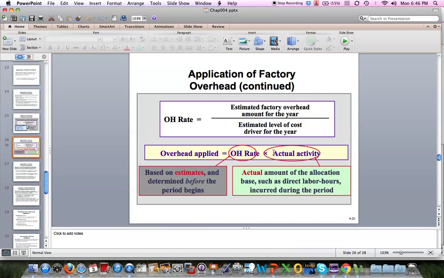So we take the rate that we're estimating times the actual hours to get the overhead applied. But because we're using an estimate, and we have no other way unless we use the actual method, but the actual method has many pitfalls, I have to do this based on this estimate.